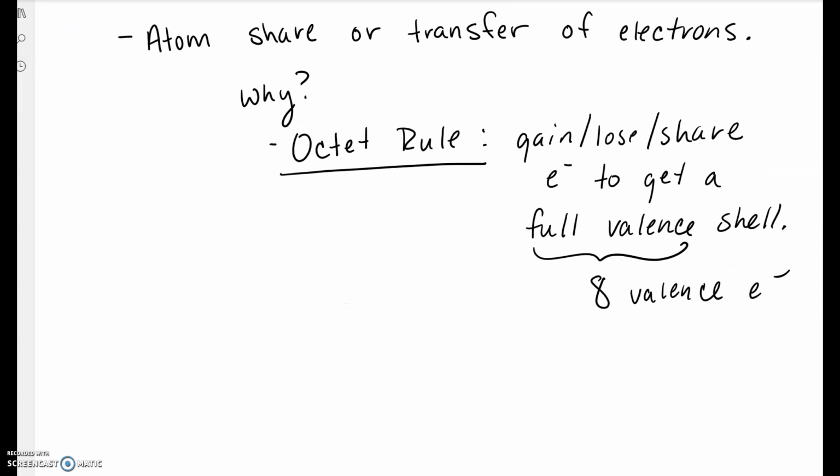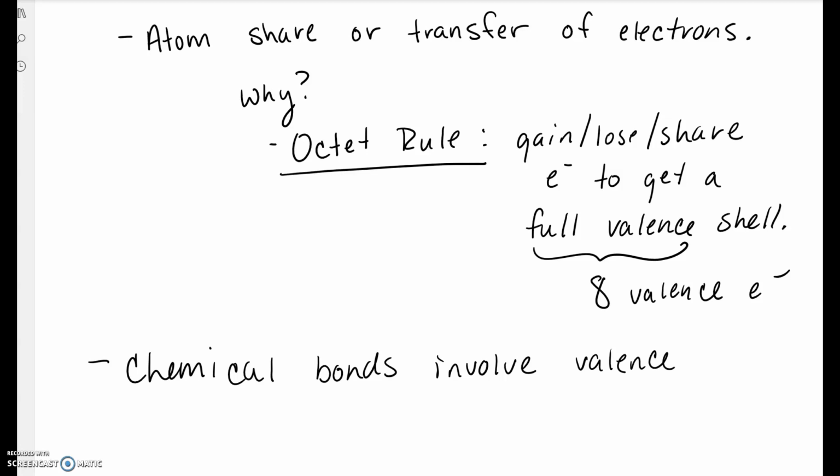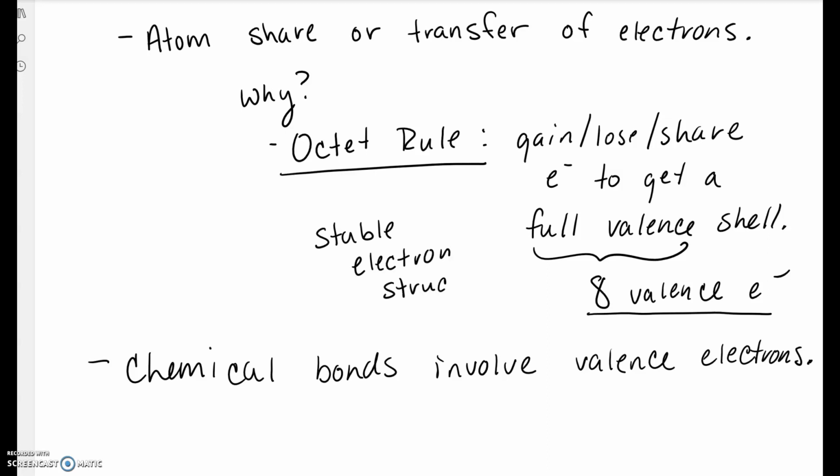And so really a chemical bond involves just the valence electrons. It's all about getting that full valence shell because this gives them a stable electron structure. That's the whole point of the octet rule, so that they find stability.